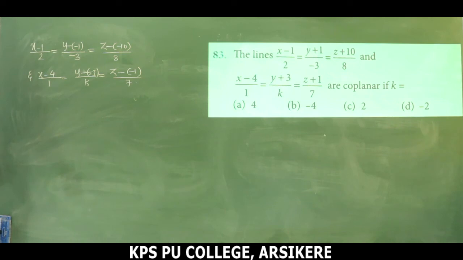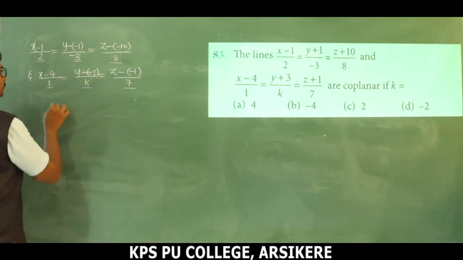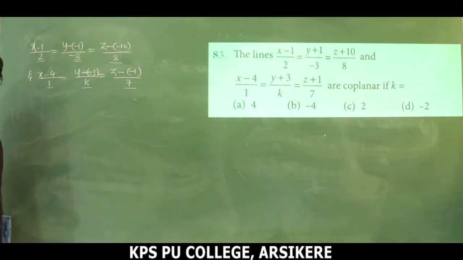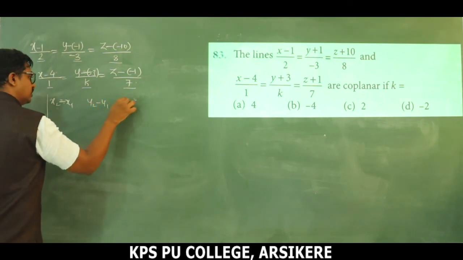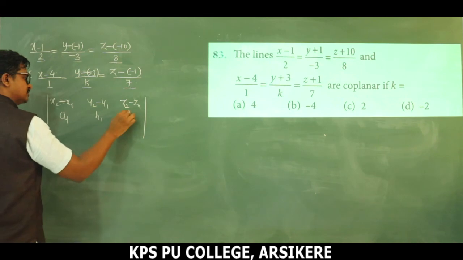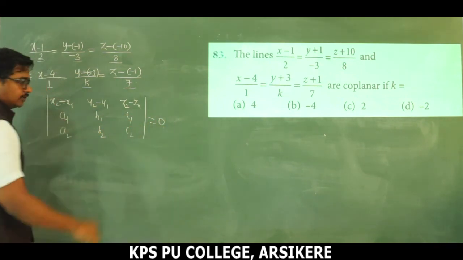So this is here a1 b1 c1, a2 b2 c2, and this is x1 y1 z1, x2 y2 z2. So there is no need of finding them separately; directly go with the condition: x2 minus x1, y2 minus y1, z2 minus z1, in the second row a1 b1 c1, a2 b2 c2, is equal to 0.